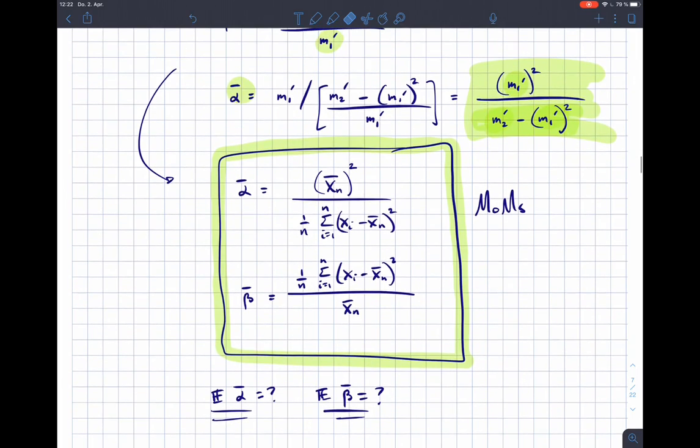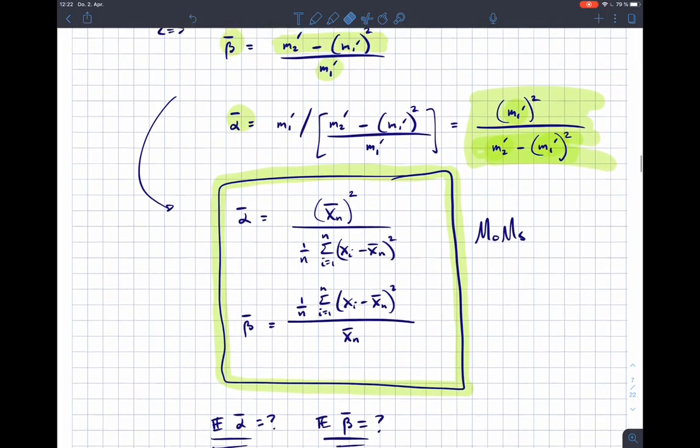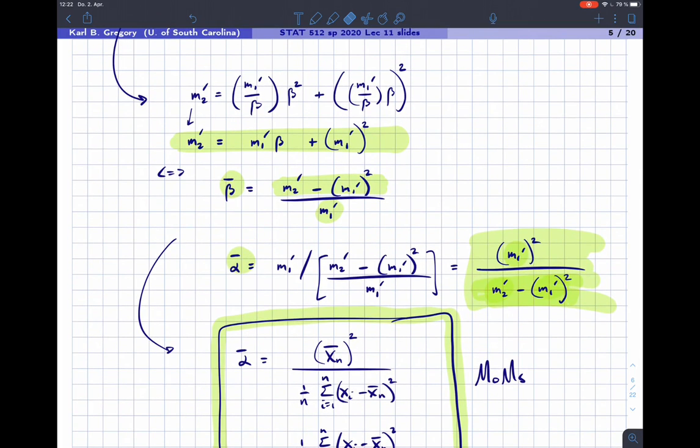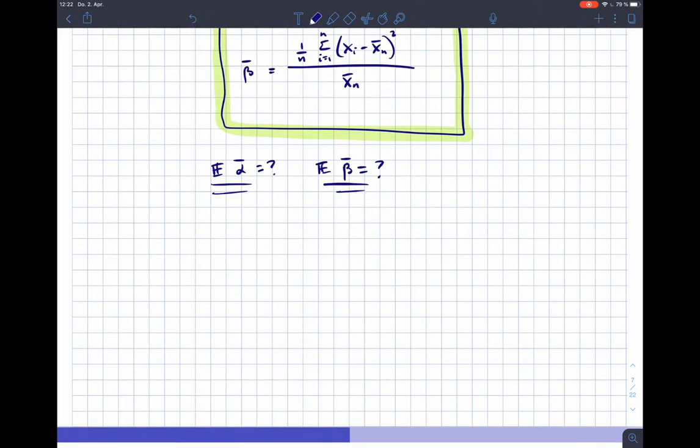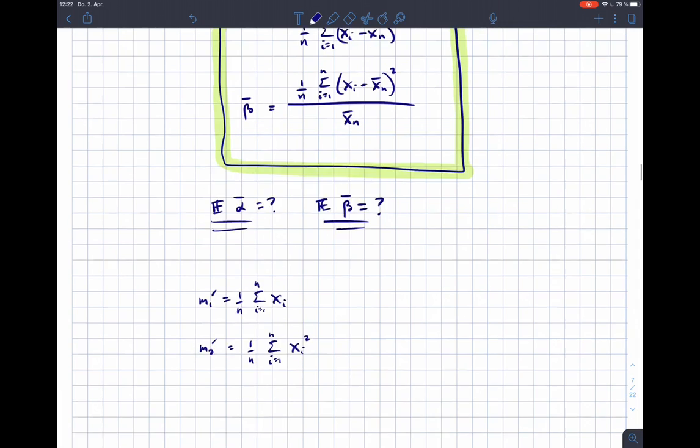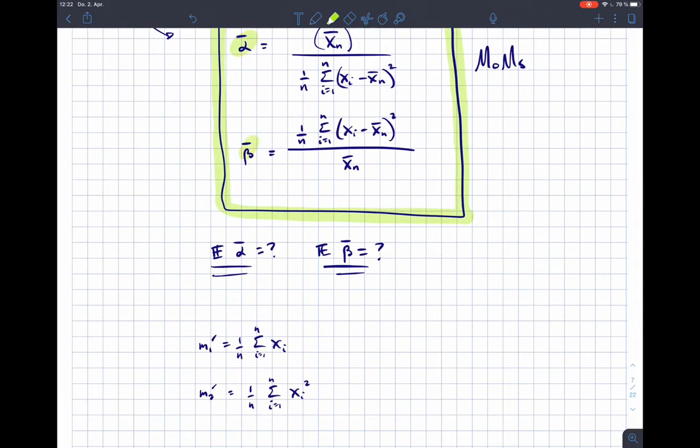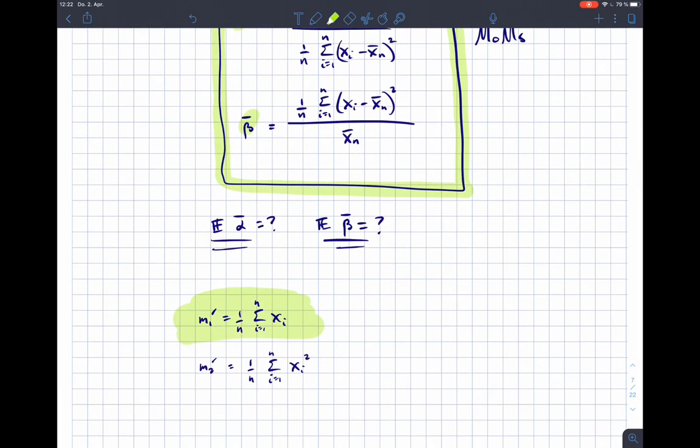What we might notice about them is that each of these sample moments, like this M1 and M2, so remember M1 prime is this, M2 prime is this, and this alpha bar and beta bar, they are functions of these sample moments.